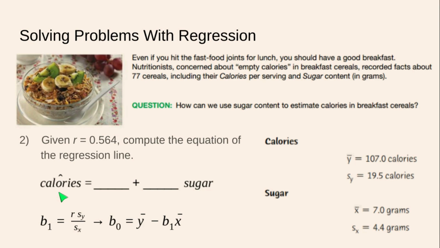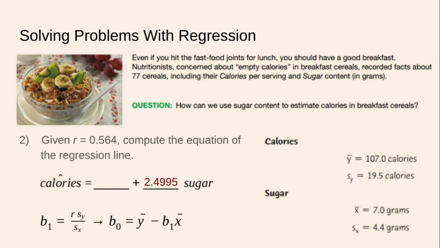Okay, I'll assume we're ready to continue. First, we want to compute b1 because we need that for b sub 0, if you recall. For b1, we substitute 0.564 for r. The standard deviation for the y variable is 19.5, and the standard deviation for the x variable is 4.4.